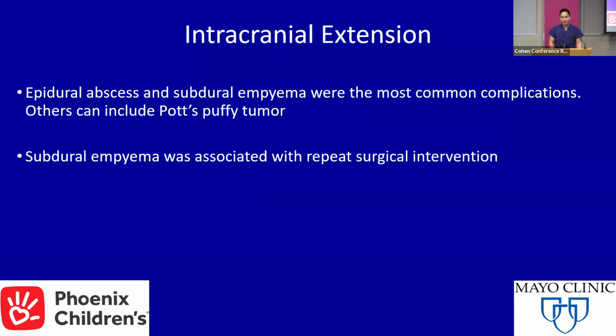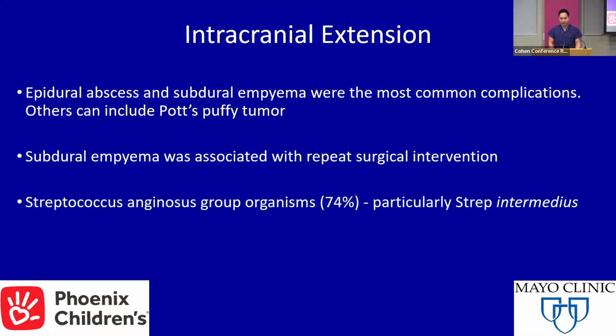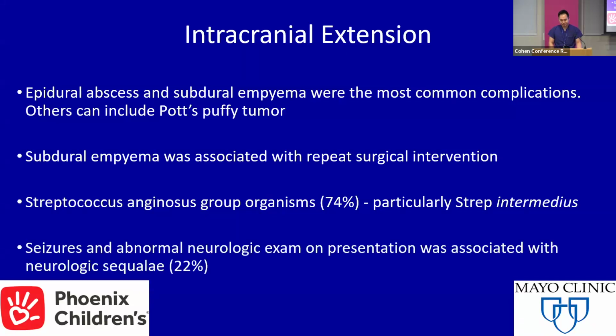And subdural empyema is bad. Usually it's associated with repeat intervention. So it's a very different beast than epidural abscesses. And usually the bugs that grow out from these subdural empyemas is strep anginosus group, most likely. If you've ever been on service and we do one of these, I'd say pretty commonly it's strep anginosus.